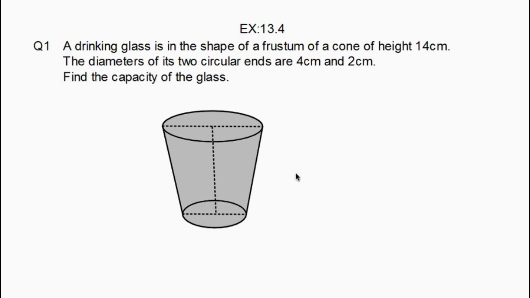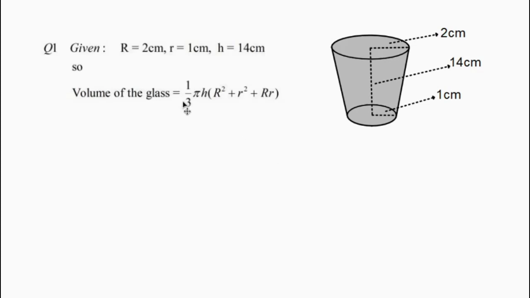To solve the question, here are the givens. We are taking the capital R to mean the bigger radius. R is 2 cm because the bigger diameter was 4 cm. The radius for the end of the glass is 1 cm, and the height is 14 cm.